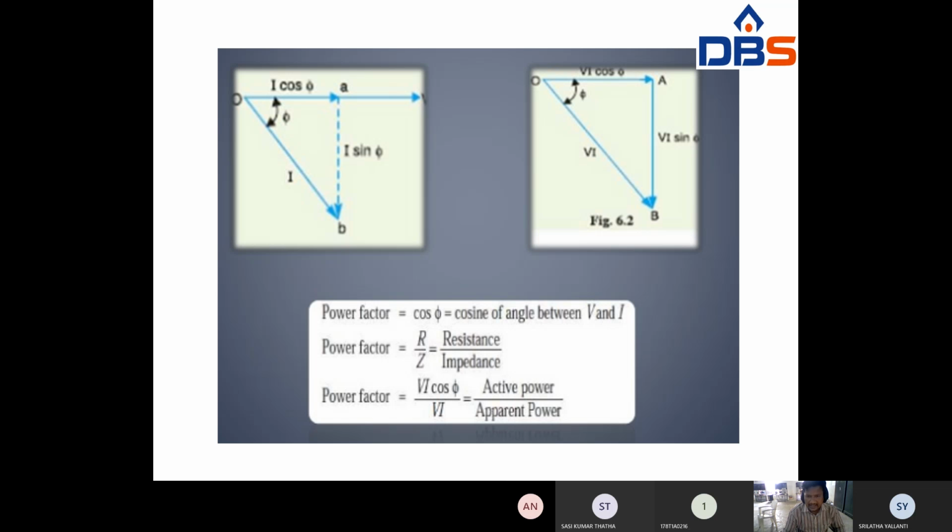Taking this angle as phi, cos phi is adjacent side by hypotenuse, so cos phi is VI cos phi by VI. VI cancels, and cos phi will be available. What is VI cos phi? Real power or active power. What is VI? Apparent power. Therefore, what is the definition of power factor?